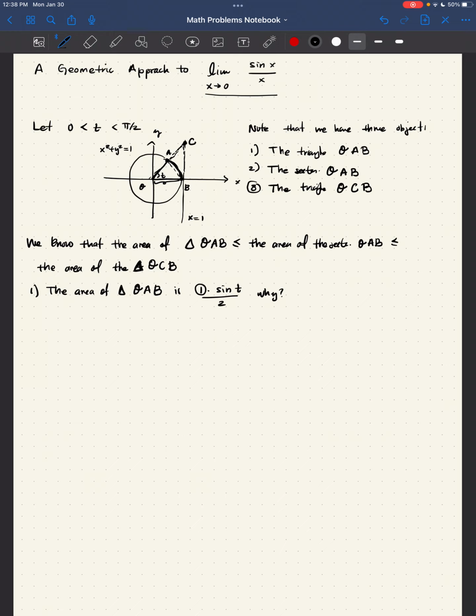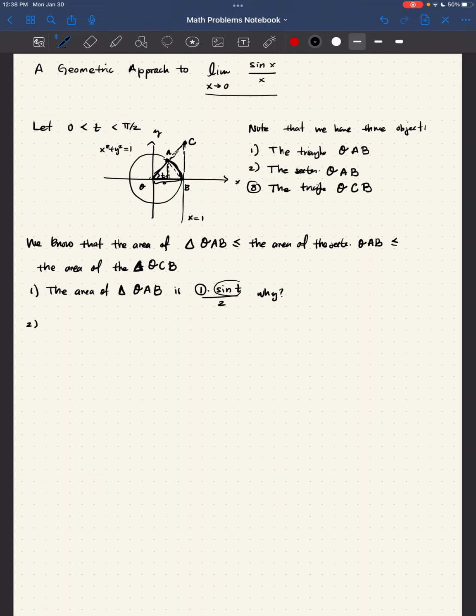And the height of the triangle, being on the unit circle, would be given by the opposite divided by the hypotenuse of this small triangle inside. Okay.